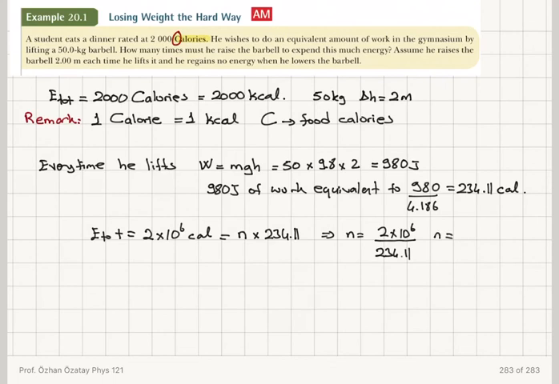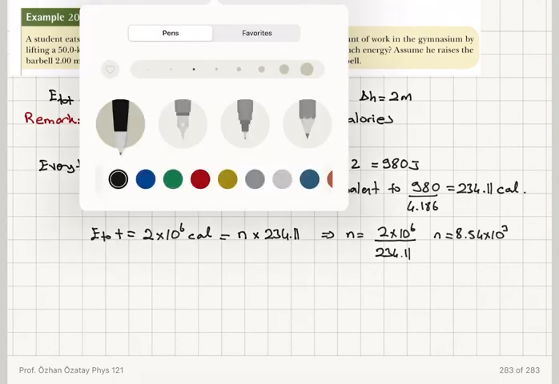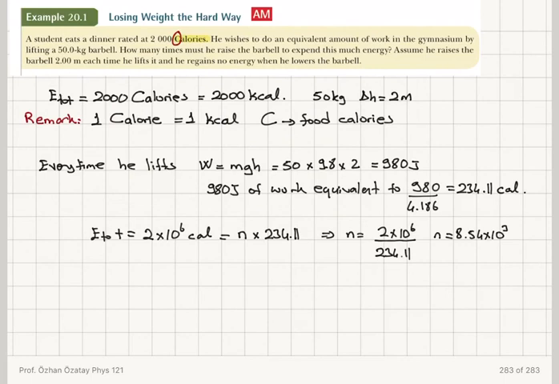So n is equal to 8.54 times 10 to the 3. So he has to raise the barbell 8,540 times in order to spend this much energy, and therefore the dinner he eats is completely expended by using this exercise in the gymnasium.